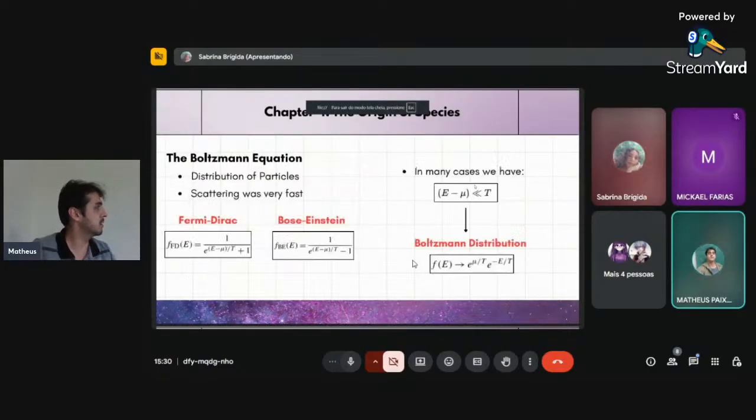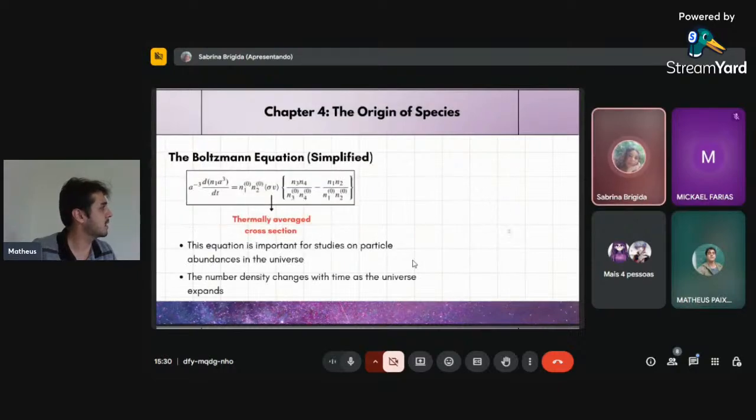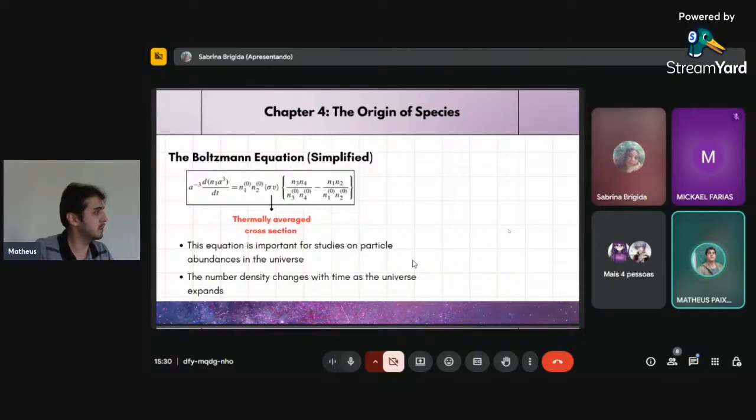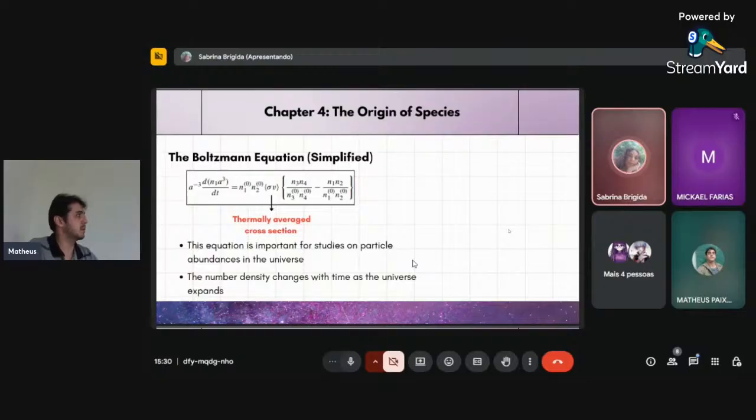So I think it was here. Yeah. So you have a thermally average cross section, right? Yes. Do you know what that is? What does it mean to have a thermally average cross section? I know that we need to consider a cross section to consider the probability of the interactions because we are dealing here with different particles.